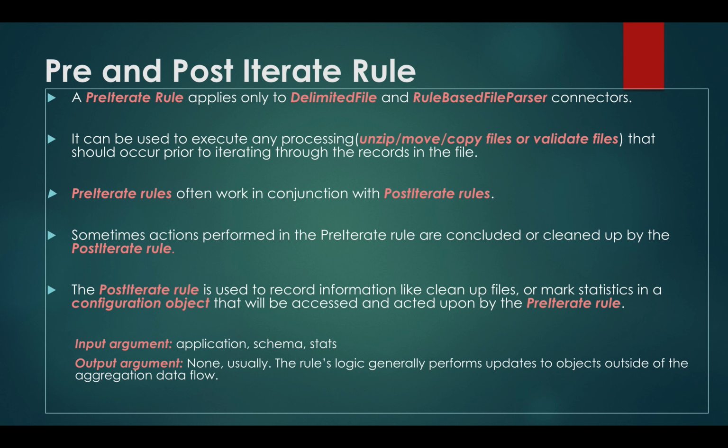For pre-iterate and post-iterate rules, the input arguments can be the application, schema and stats, and the output argument. Generally, pre-iterate and post-iterate rules do not generate any kind of return object. Usually, the rule's logic performs updates to objects outside of the aggregation data flow. Such an object can be a configuration object.